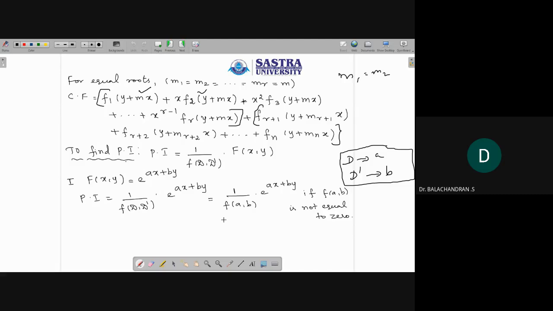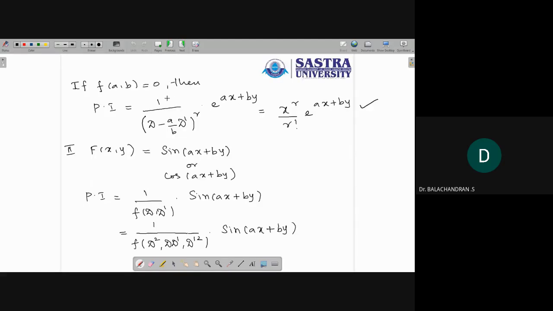Suppose the denominator is equal to 0. Then sometimes you can write the denominator in the form (D − constant × D') whole power r. This is actually f(D, D').